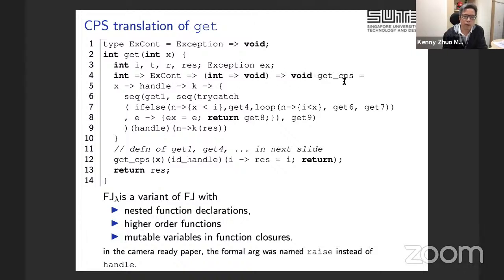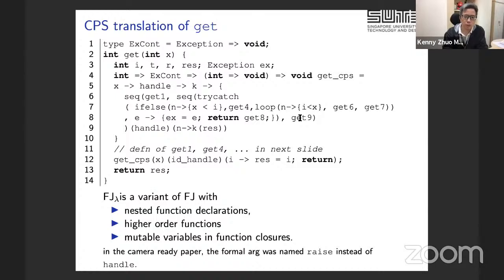So the body of the getCPS basically is a horrible or scary function application. What it actually does is that we use a set of CPS combinators in the library, such as seq, which sequences two continuations together, one after another; try and catch, which encodes the try and catch block; if else, which encodes the if else branching; and loops, encoding the loops.